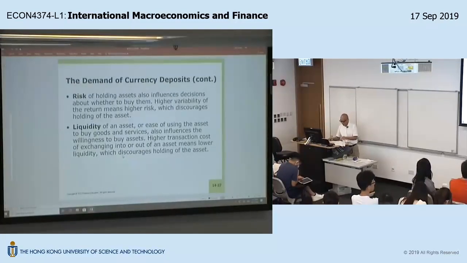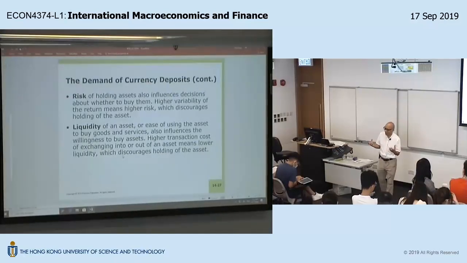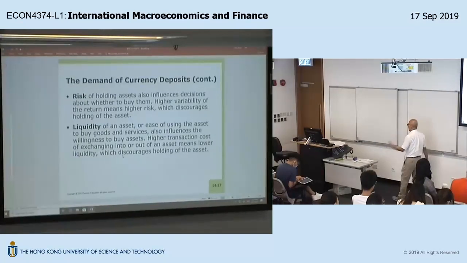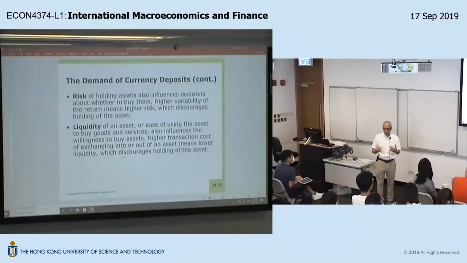Can anybody tell me what we mean by the risk of holding a certain currency deposit? What are the risks involved there? Let's say I have some Japanese yen and I want to invest.